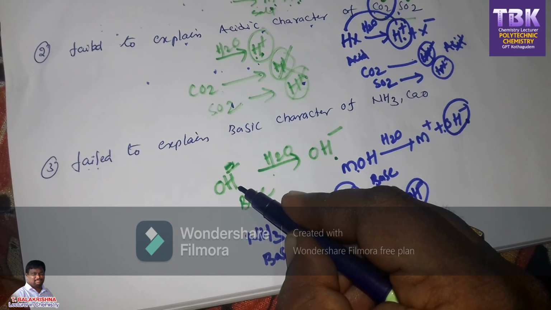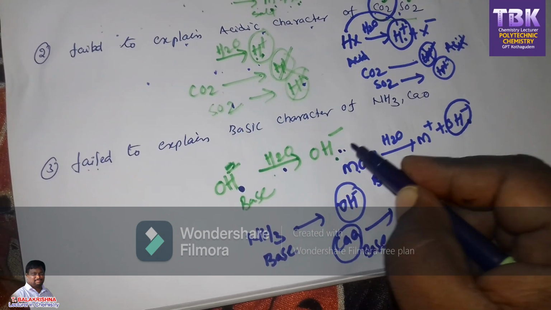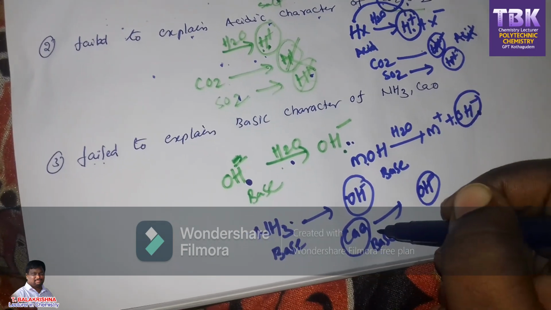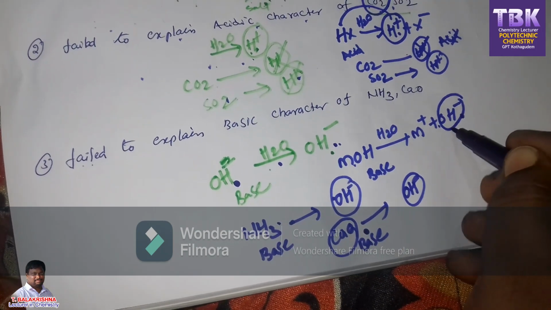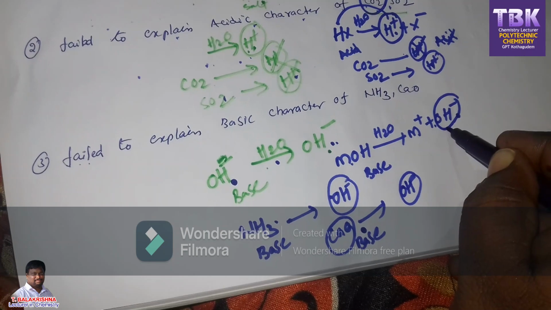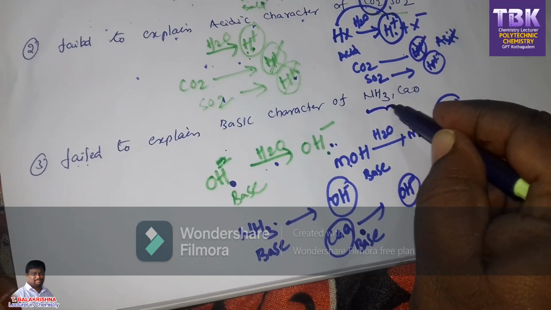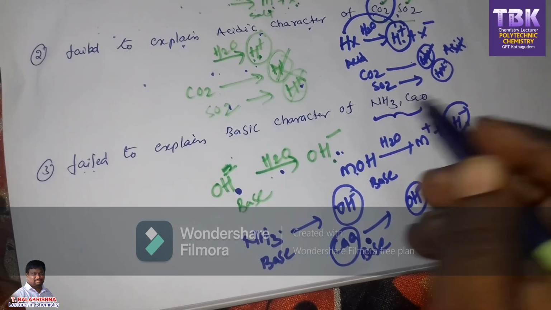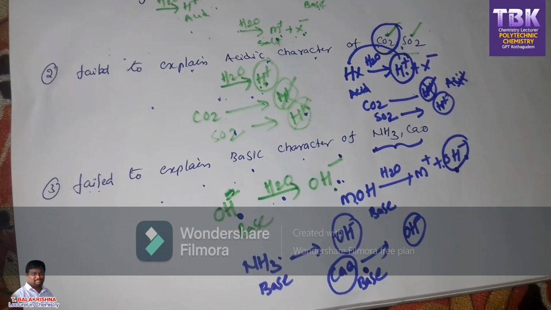It is ionized in the water and produces hydroxide. Such type of molecules are called bases. But ammonia and calcium oxide do not have any hydroxyl molecule. There is no chance to produce hydroxyl ion in water. So according to this theory, they are not bases, but experimentally proved that they are bases. So this theory failed to explain the basic nature of ammonia and calcium oxide.